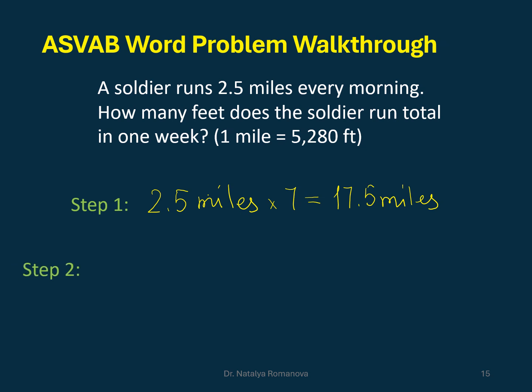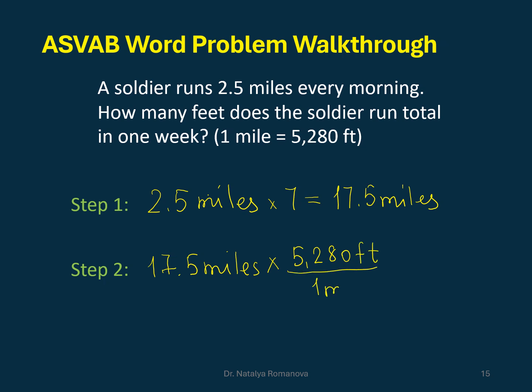Next step, we need to convert miles to feet. So we take 17.5 miles times 5,280 feet divided by 1 mile. Now we cancel out miles.